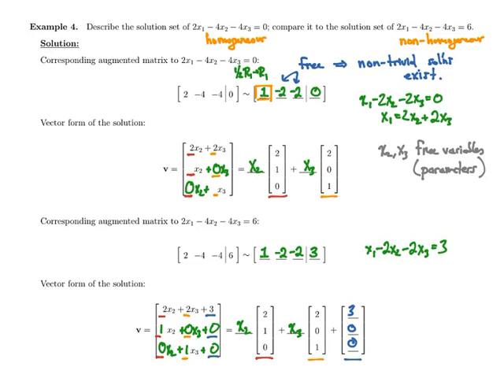So just like the previous example, what's different between the homogeneous system and the non-homogeneous system here is one vector p added on to the solution of the homogeneous system. And let's take a look at what that means graphically.